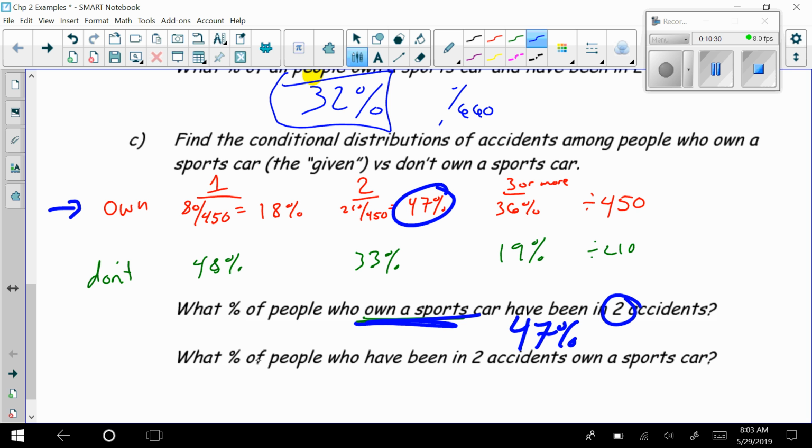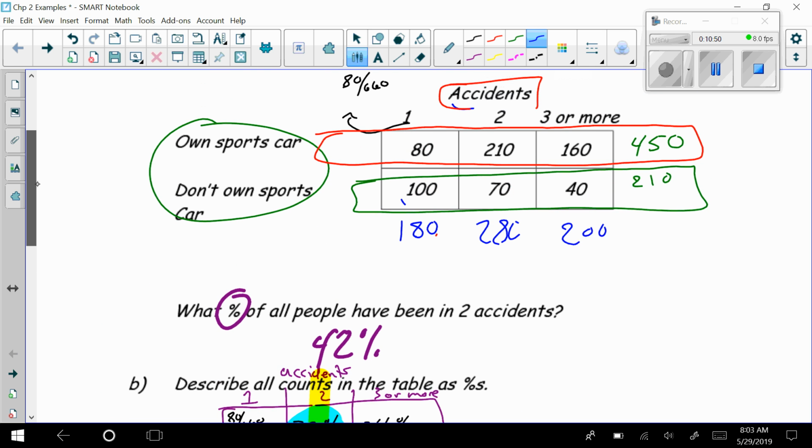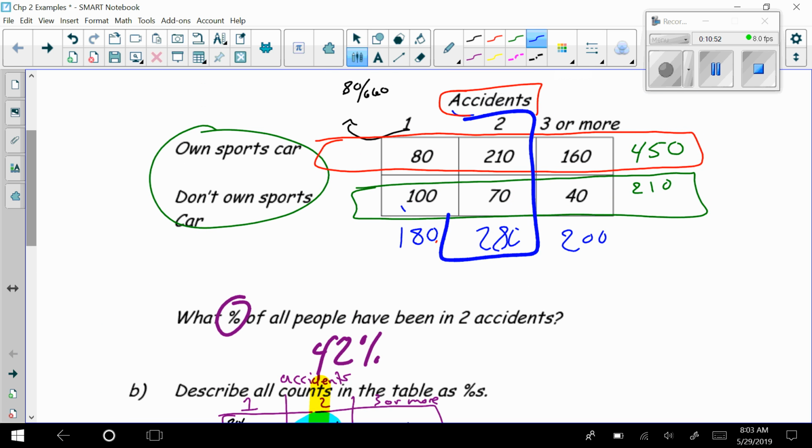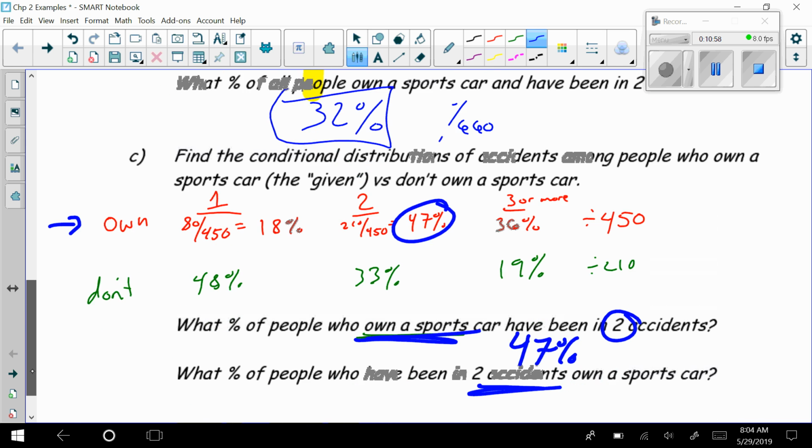What percentage of people who have been in 2 accidents own a sports car? Is this the exact same question? Well, it turns out that it's not, because here it says who have been in 2 accidents. So this is the given part. I don't have that over here, right? So I need to go back up to my table. 2 accidents, that's this column. So I only care about 280, so I'm dividing by 280.